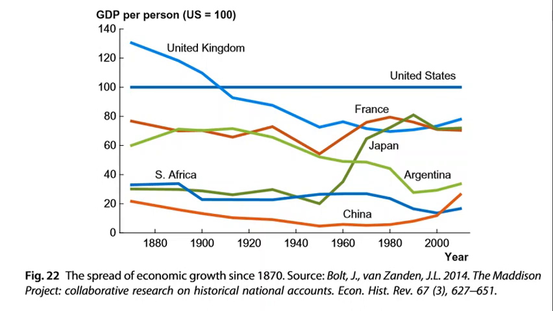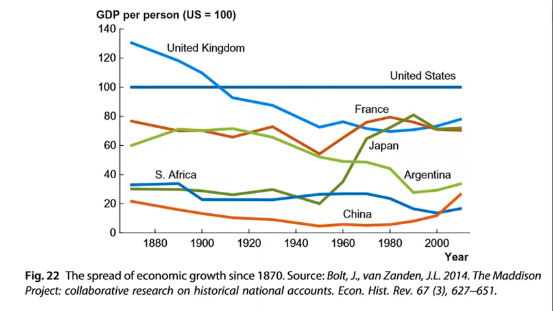A lot of it is political unrest related. And similarly South Africa, though it started much lower, has drifted down since then, and we can see China actually doing very poorly relative to the United States in terms of GDP up until the market reforms that are now having such a big effect.